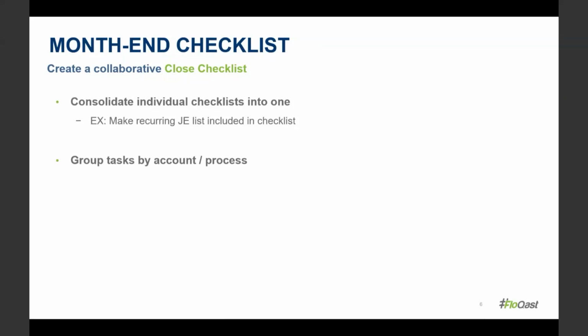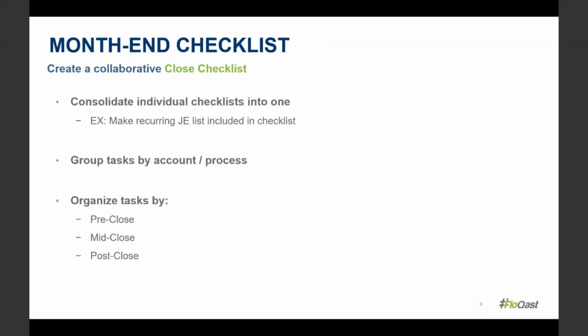This is a really big factor in ensuring you consolidate all of those checklists together, because what this will do is give you and your team the ability to actually view the cause and effect. And having knowledge of the bigger picture is how you can leverage the minds of your team to be more efficient and more strategic when it relates to the close and even activities outside of the close.